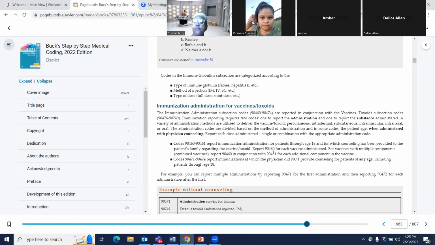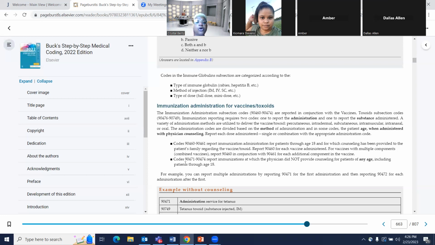Report 90460 for each vaccine administered. For vaccines with multiple components, combined vaccines, report 90460 in conjunction with 90461.